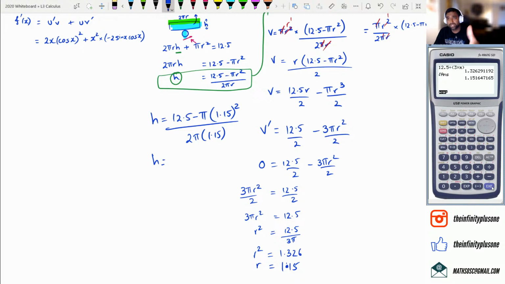Now here's a little trick for you guys. 1.15 is a long decimal, and I don't want to round it up too early, but what I am going to do is leave it as an answer here.